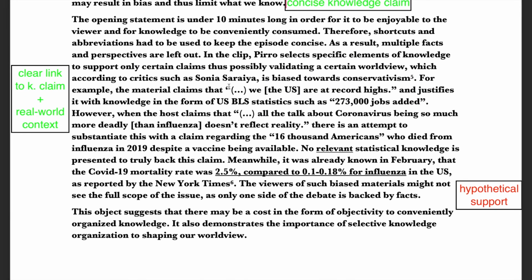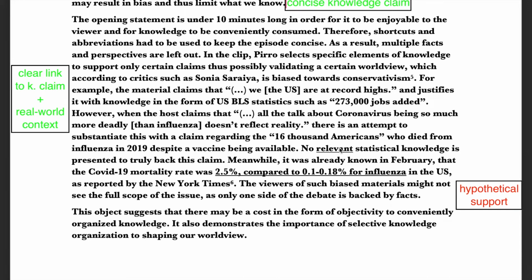For example, the material claims that we are at record highs and justifies it with knowledge from the US BLS statistics, such as 273,000 jobs added. However, when the host claims that all the talk about coronavirus being so much more deadly doesn't reflect reality, there is an attempt to substantiate this with a claim regarding the 16,000 Americans who died from influenza in 2019, despite a vaccine being available.